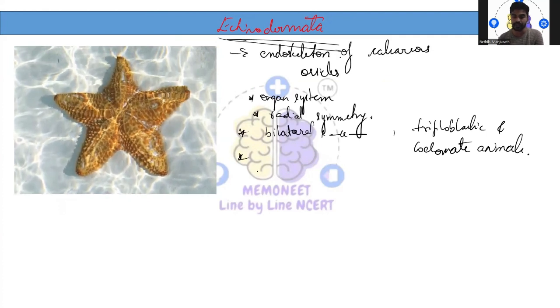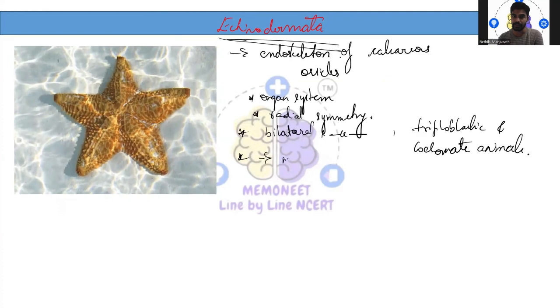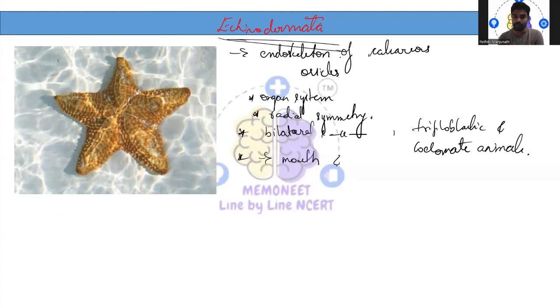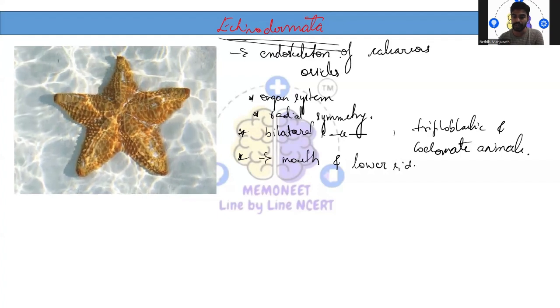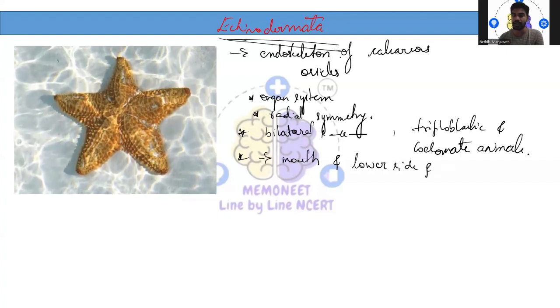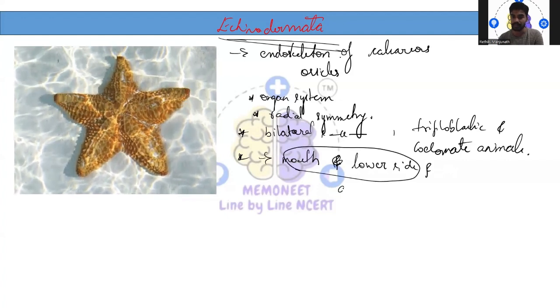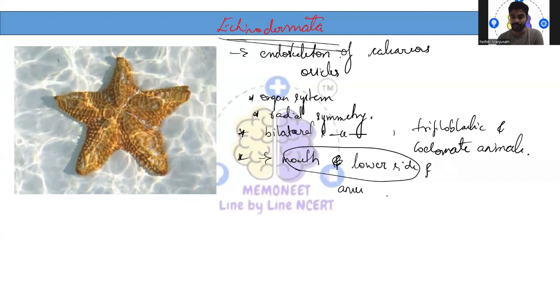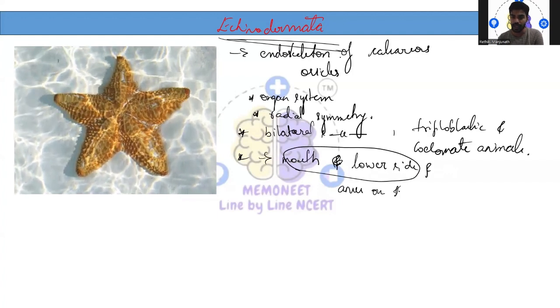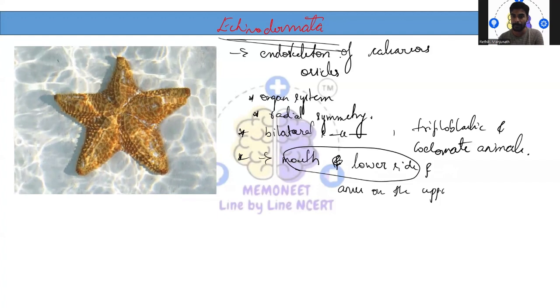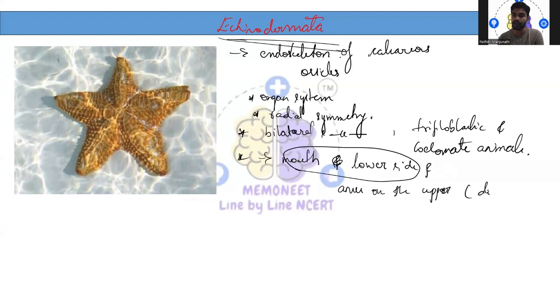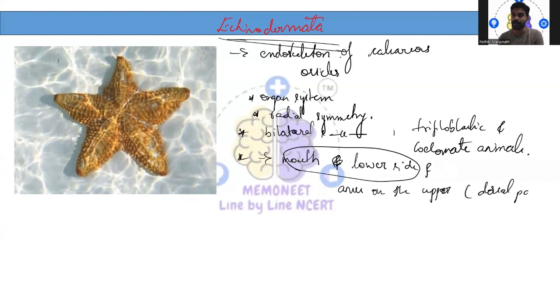Coming to the digestive system, it is complete. The mouth is on the lower side, whereas the anus is on the upper side, that is, the dorsal part.